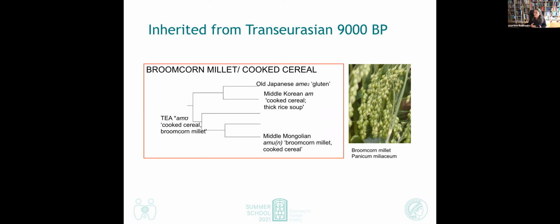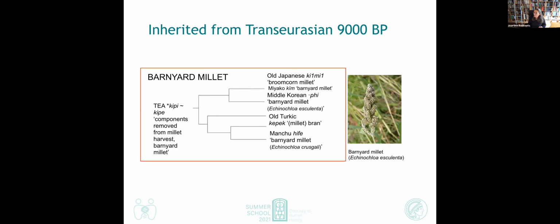The crops we can reconstruct are only millets, so we find broom corn millet and barnyard millet. We cannot reconstruct any rice vocabulary or any vocabulary for secondary crops like barley and wheat, only millets.